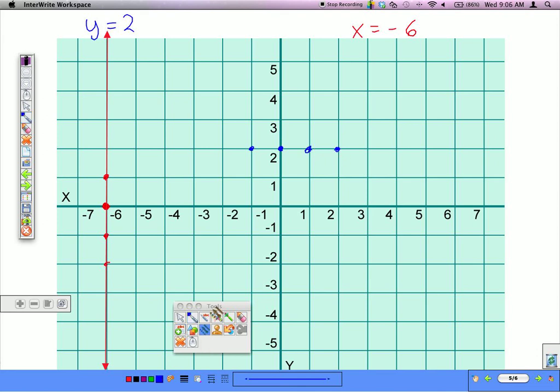Doesn't matter where we go, y is always +2. That's providing the horizontal line right here. So then our one solution here, or the one point where these lines intersect, is at -6, +2, and here is my solution.